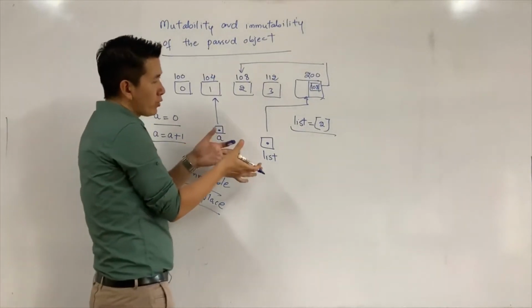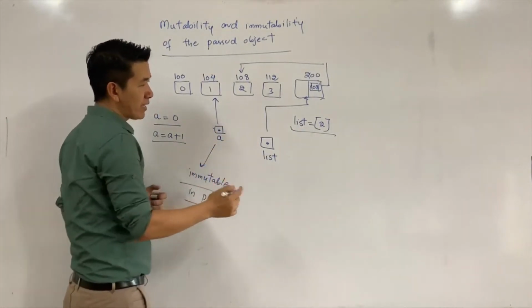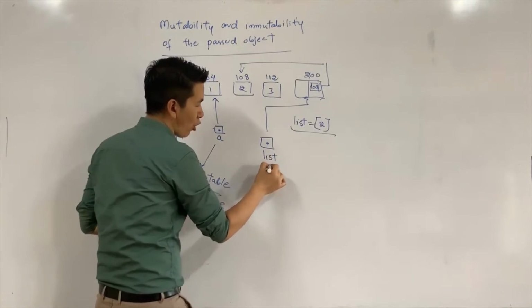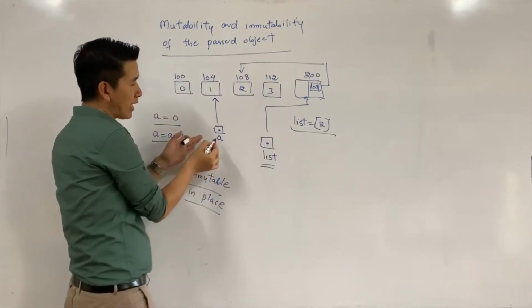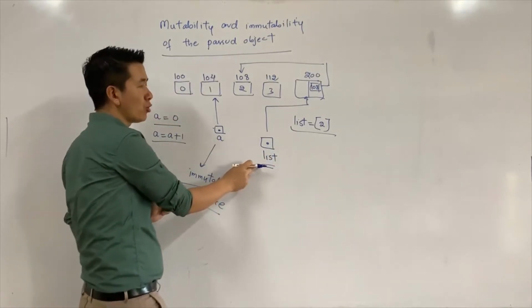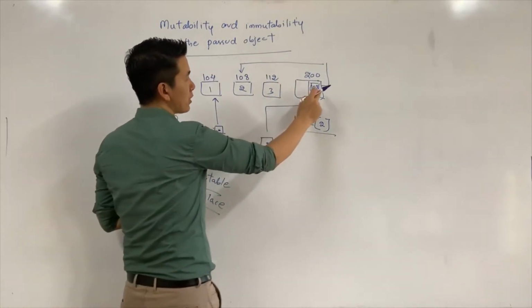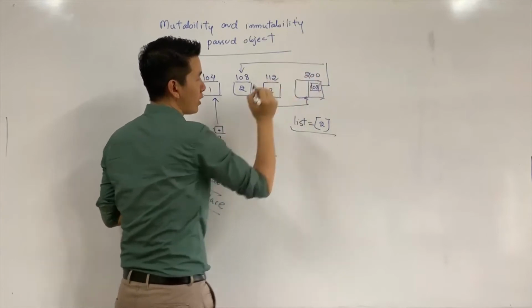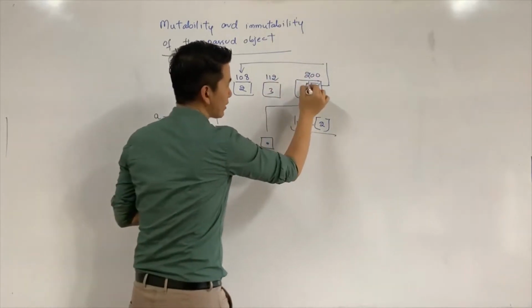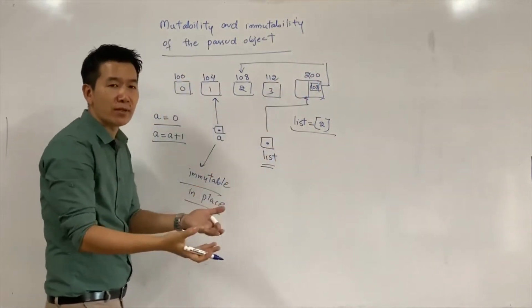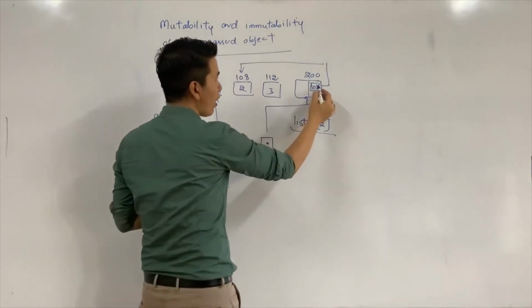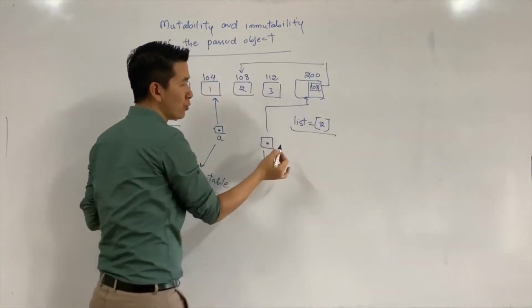So now the situation is, where is list? This is the variable called list, alright? It should point to a certain memory location. So it points to the memory address of 200, right? This list can have several elements, but as of now it has only one element, 2.